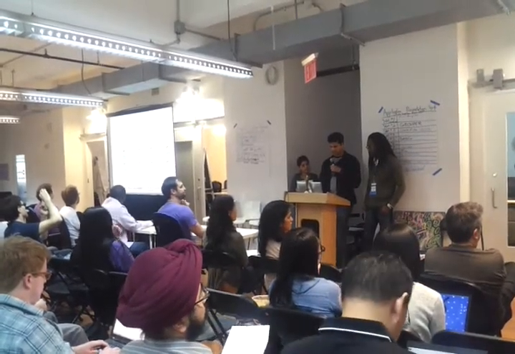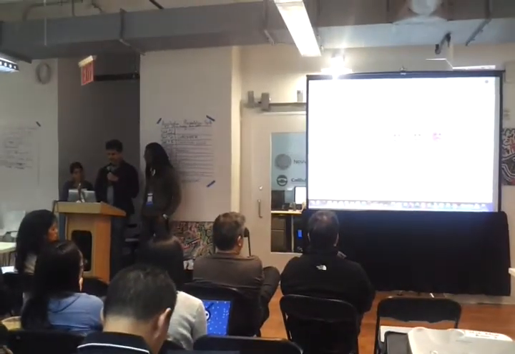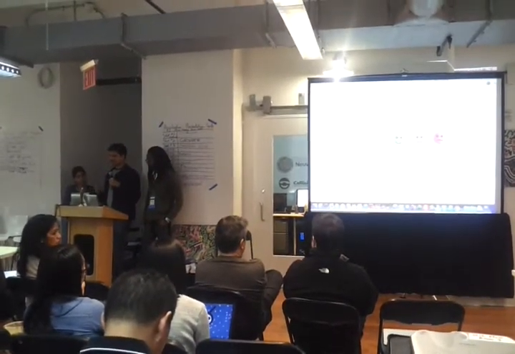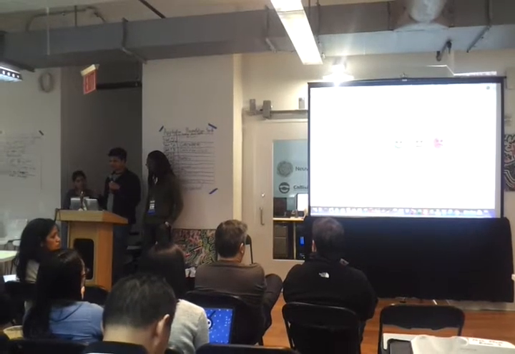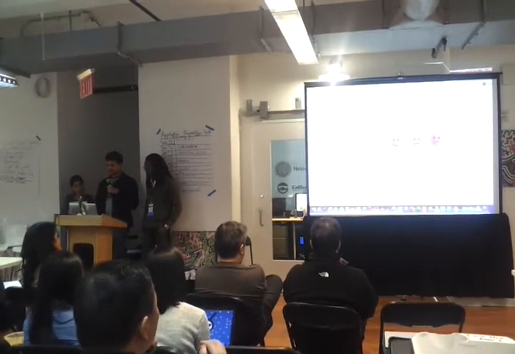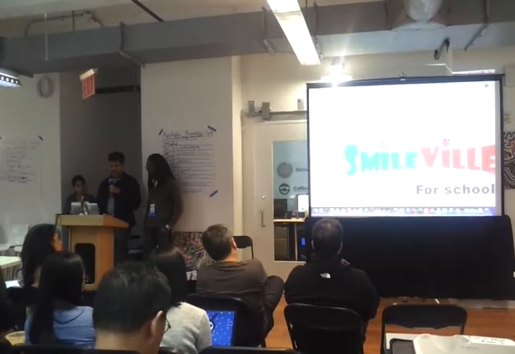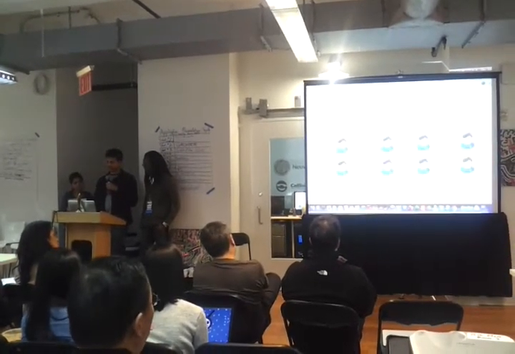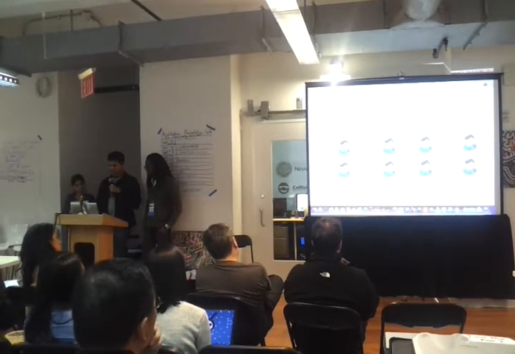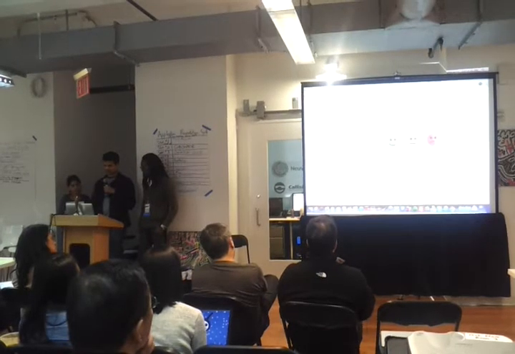Let's say the student is mad, he goes into his profile, and chooses his mood: if he's happy, or sad, or in between. Let's say he's happy now. He posts it, and maybe the next day after some class, he logs back in, and let's say he's sad.